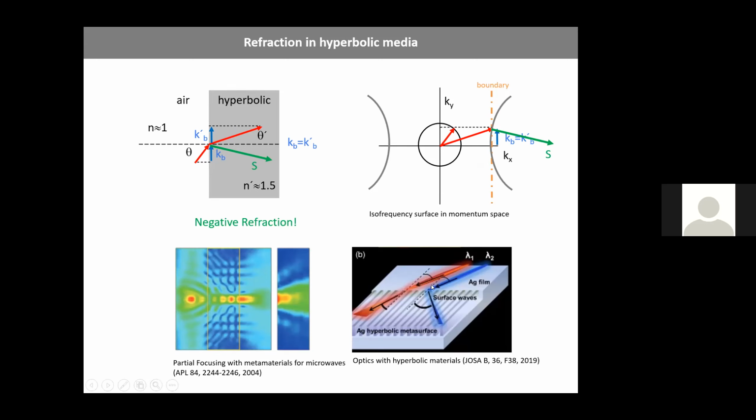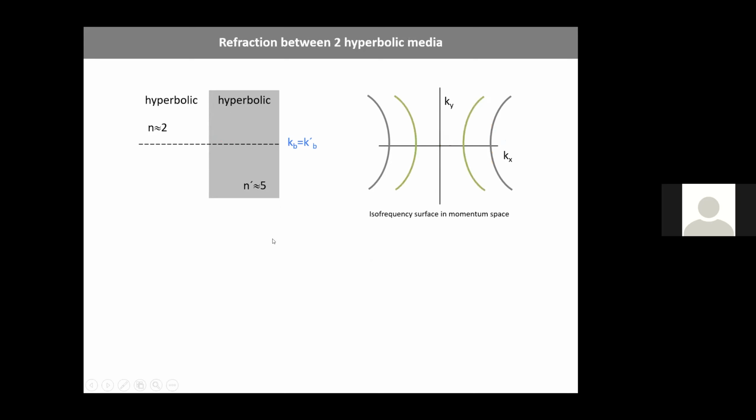This is interesting because there have been many theoretical works that predict that you can make a perfect lens with negative refraction. So you have two waves that come to a boundary, and then they can refract negatively, and they can focus. We thought, okay, now we have a hyperbolic medium, but not only one: we can have two hyperbolic media and study the refraction between them.